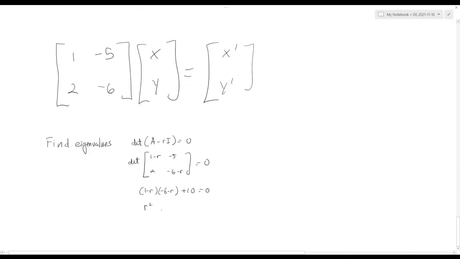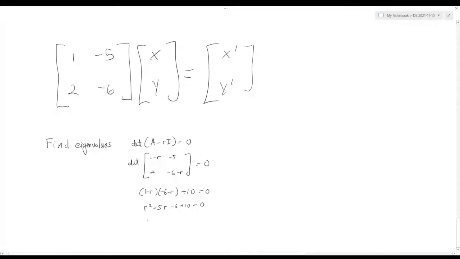We get r squared, then 5r, and then -6 plus 10.